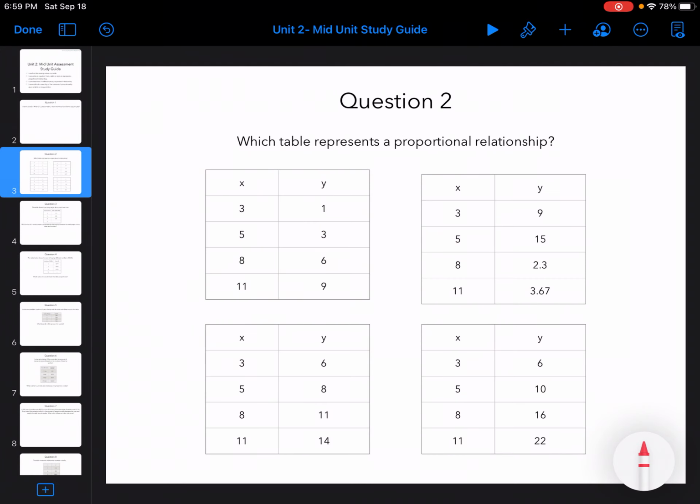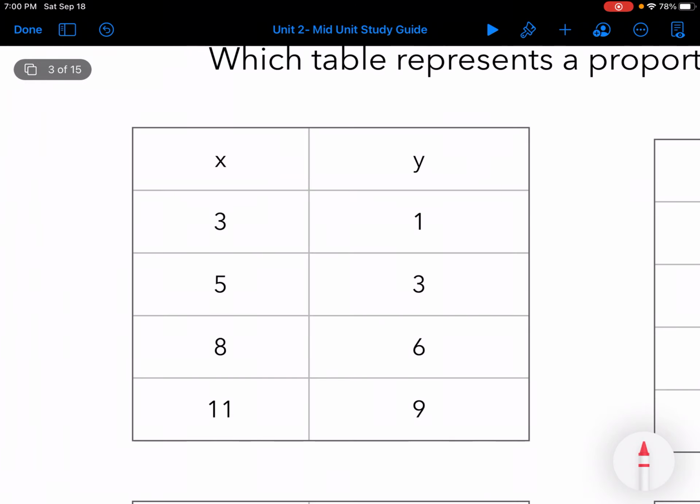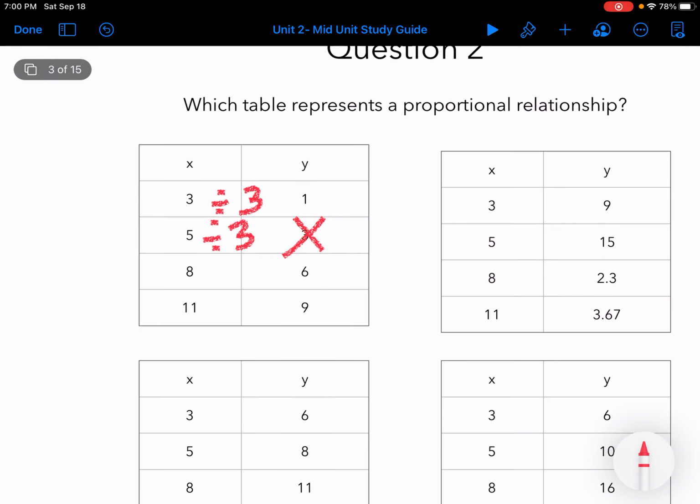Question number 2, which table represents a proportional relationship? So that means that whatever I multiply by, it's going to be the same all the way down. So if I'm going from 3 to 1, I would divide by 3. So 5 divided by 3 does not equal 3. So I know that that's incorrect.